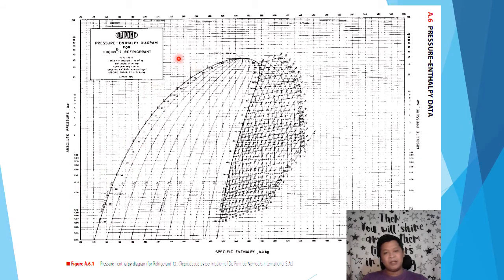Then dito yung parang critical point niya. So this is the saturated liquid curve, and here is your saturated vapor curve. All points here means you have superheated refrigerant, and all points here mean you have subcooled refrigerant. On the x-axis you have the enthalpy, and on the y-axis you have the pressure.